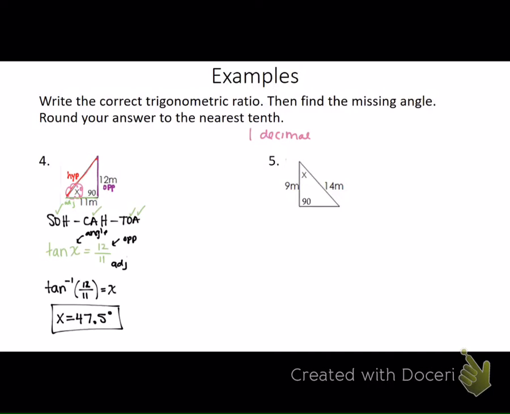So, which angle, Gabe, am I referencing in number 5? Angle X, because it is not the 90. So, Cameron, what is my opposite of the X?